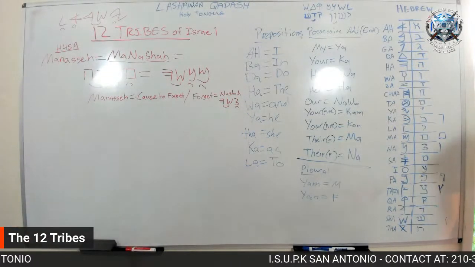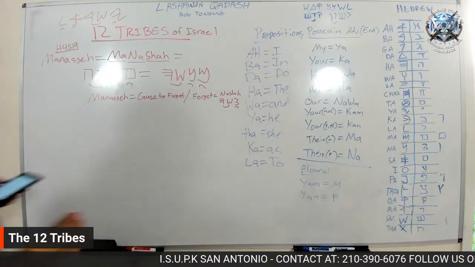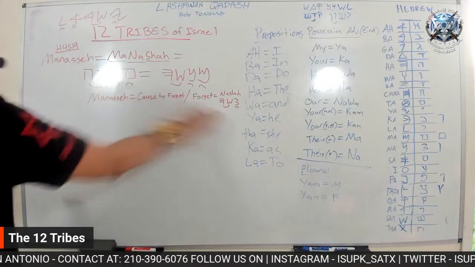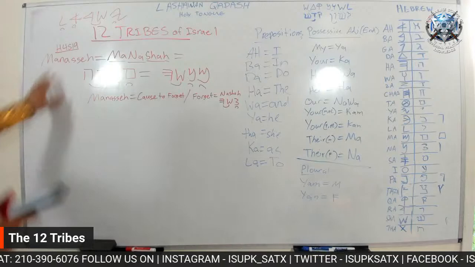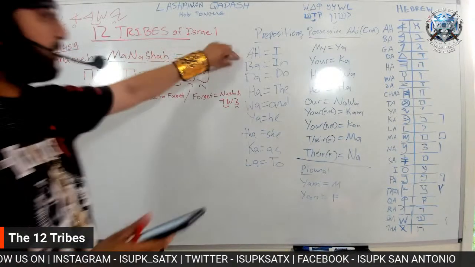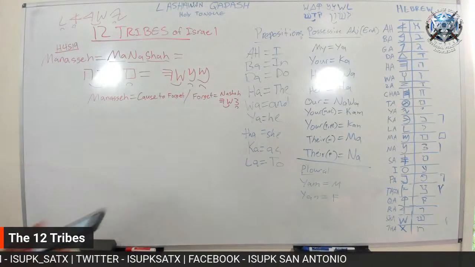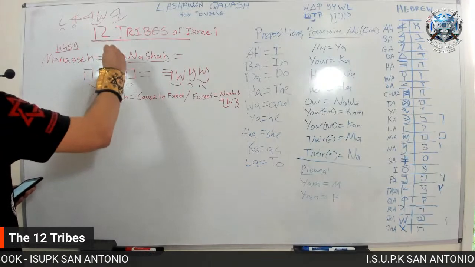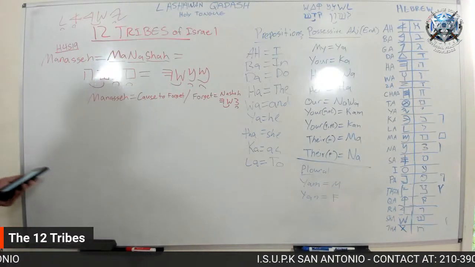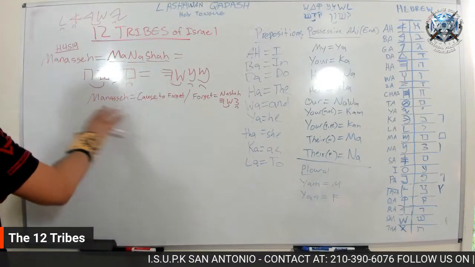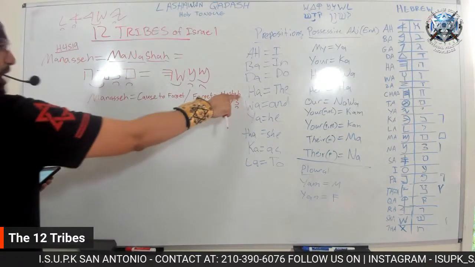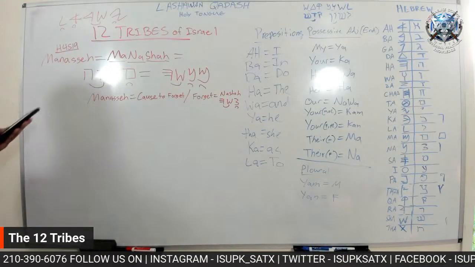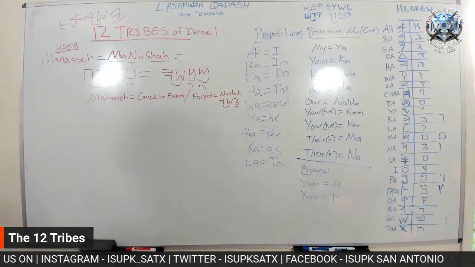So Manasha. So again, there's the part of what we see here, nasha, and so we're just adding the ma in front of it. I don't have a preposition here for ma, I don't think, but there is one that matches along with it. I think it's just another preposition that we'll learn when we go further in. So manasha again means cause to forget. The word forget is nasha, so we actually see that's a part of the name already. Okay. I don't have too much back inside of it, but I will say this.